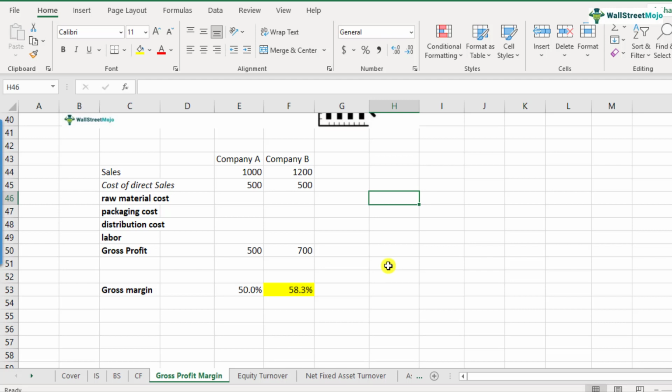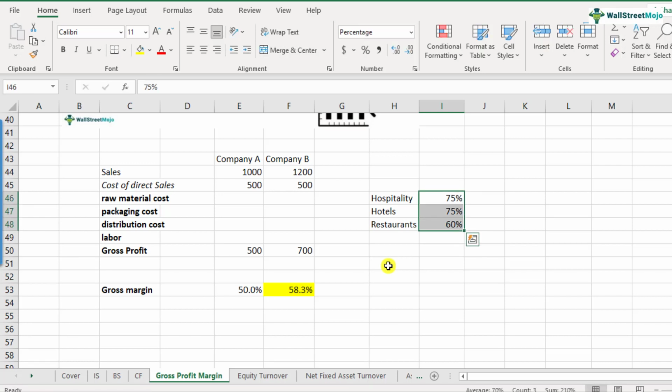Some of the industries where you will find very high gross profit margins could easily be hospitality, hotels, restaurants. These are the industries where you will typically find higher gross profit margins, somewhere around 75%. Maybe in restaurants it will be around 65 odd percent.